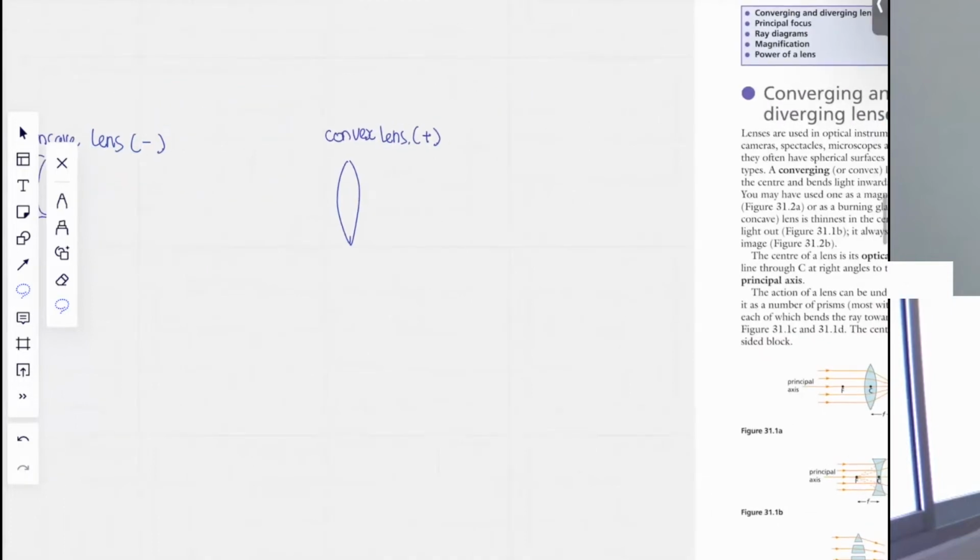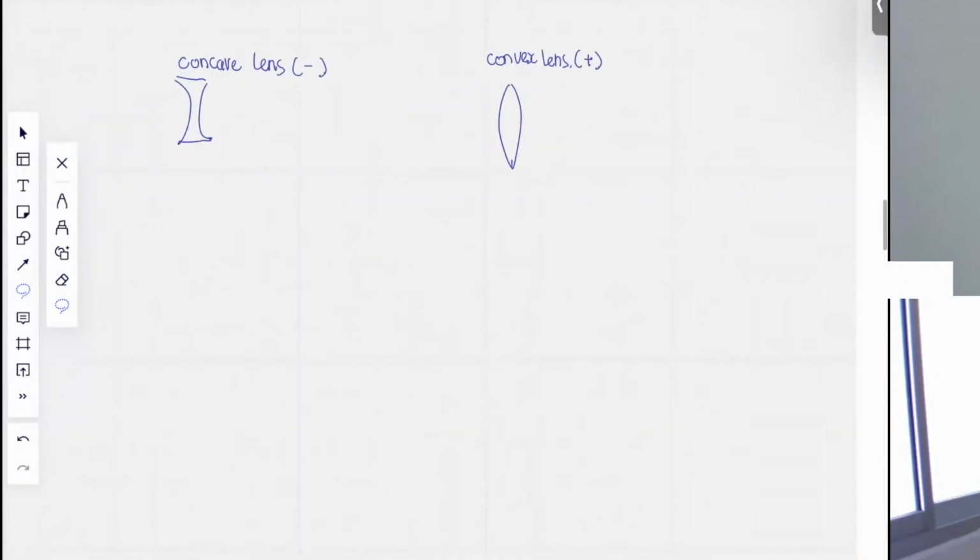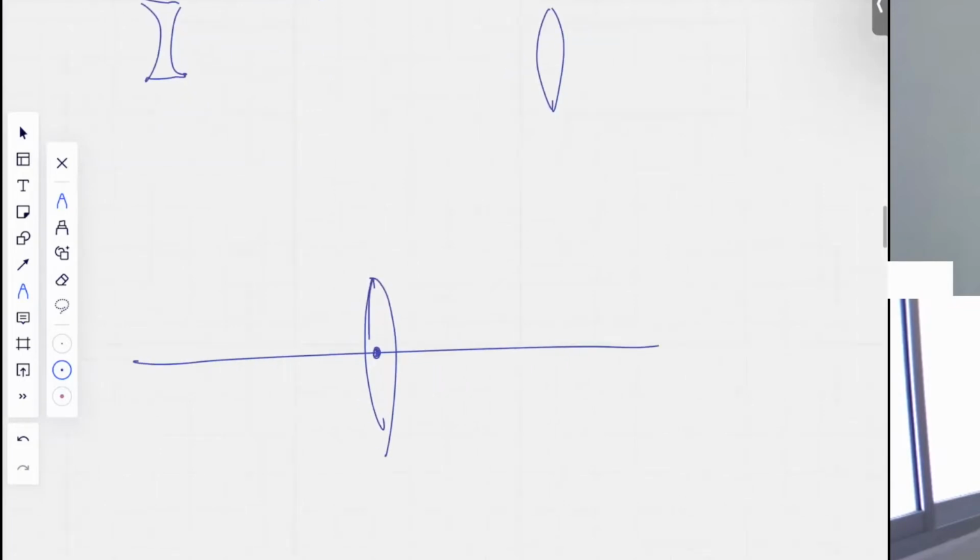Now, this convex lens has a tendency to merge light. First of all, you have a lens here. This point is called the center of the lens.